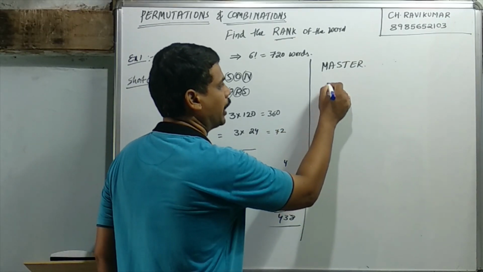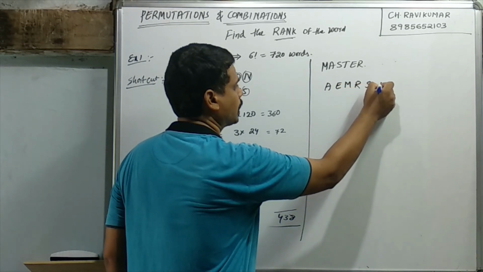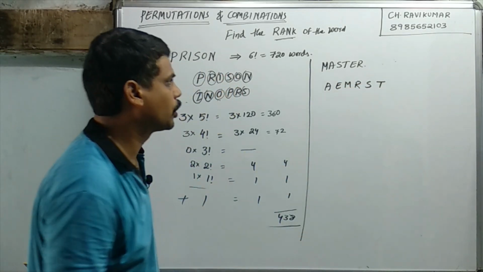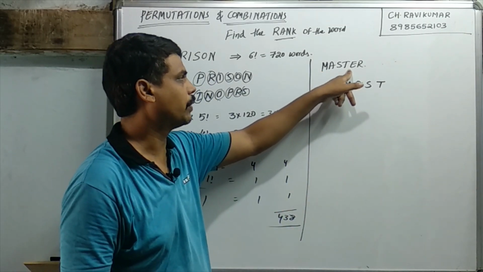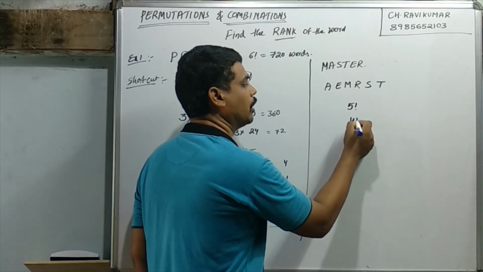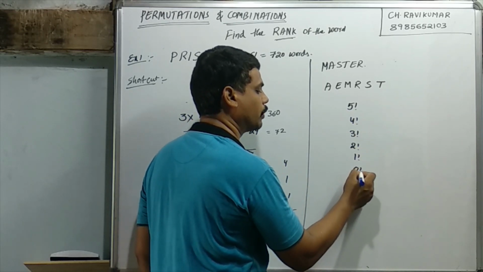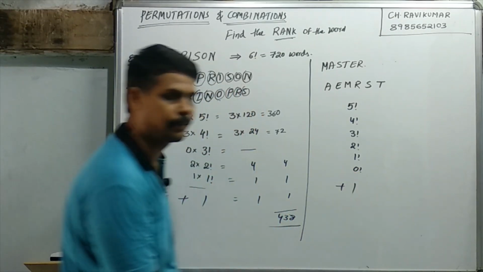It is A, E, M, R, S, T. So total how many are there? 1, 2, 3, 4, 5, 6 are there. So you start with 5 factorial onwards: 5 factorial, 4 factorial, 3 factorial, 2 factorial, 1 factorial, 0 factorial, and plus 1 you have to take.